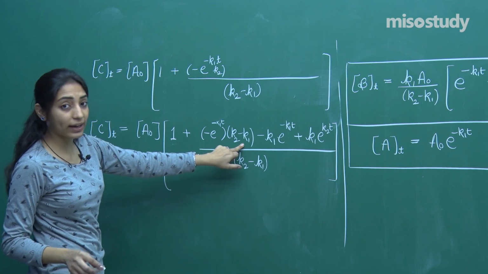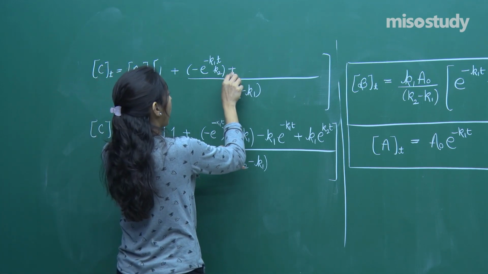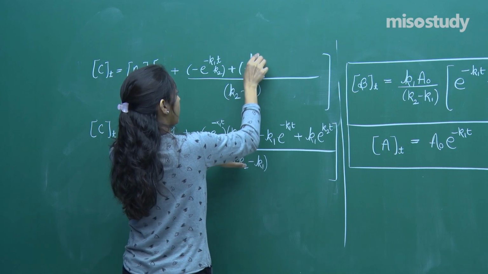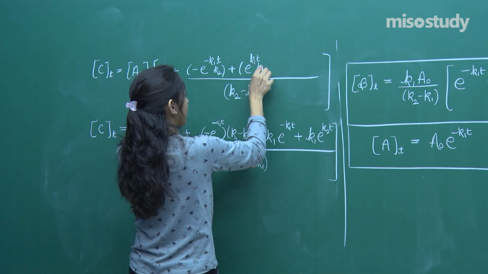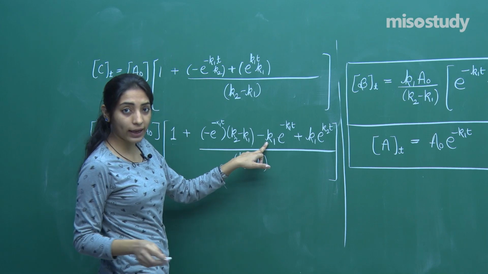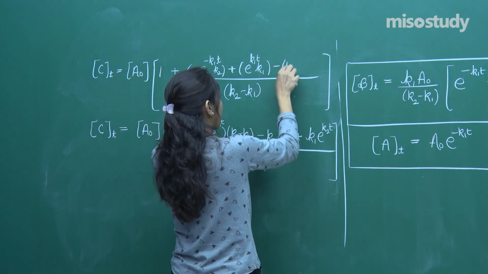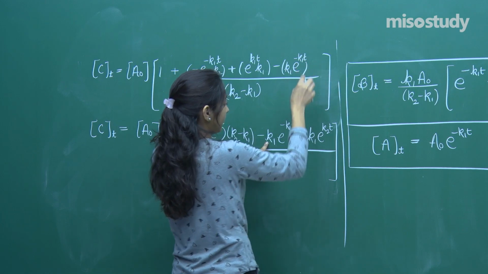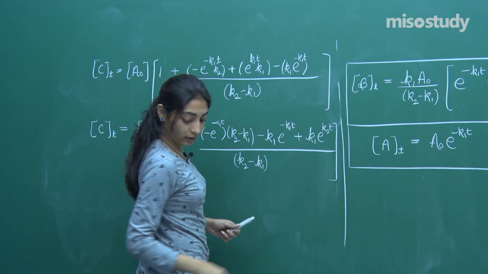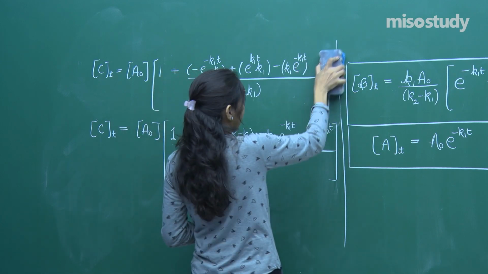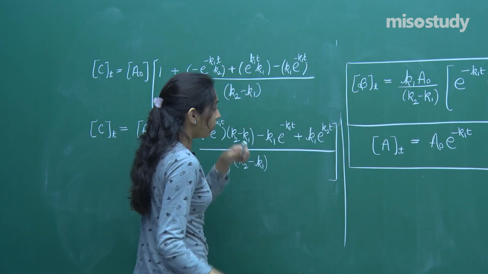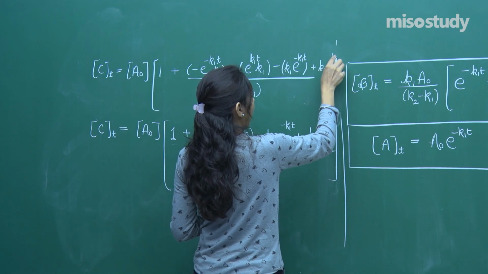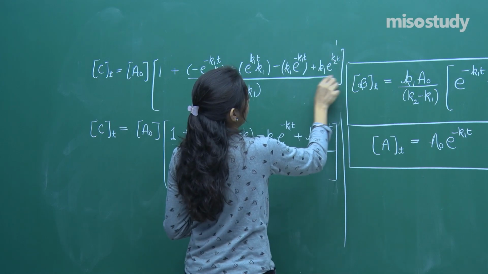Okay. Now this negative negative will become plus. So you will have plus e raised to the power minus K1T into K1. Okay. Then minus K1 e raised to the power minus K1 times T plus K1 e raised to the power minus K2T.